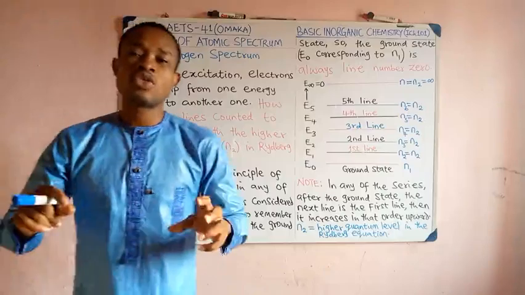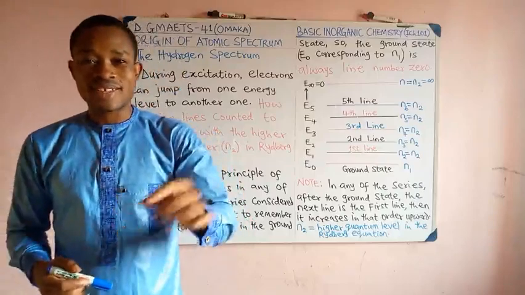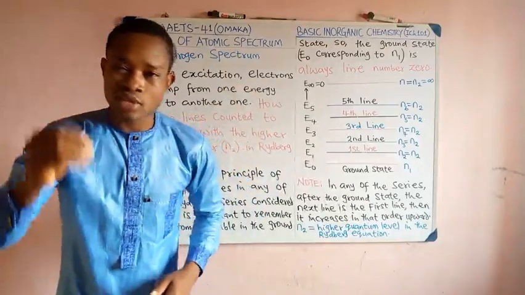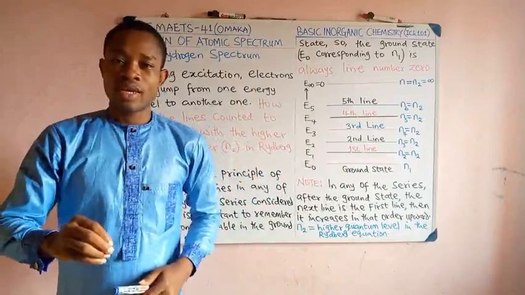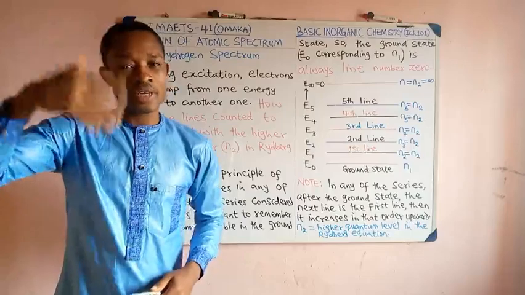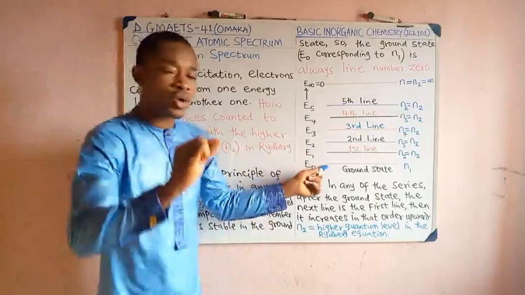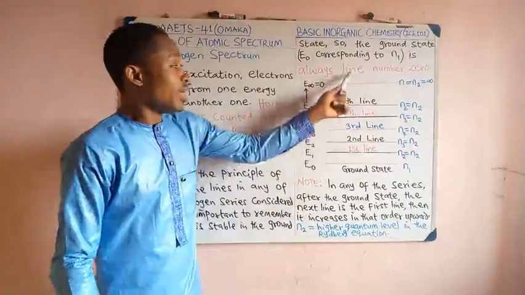Now, once the electrons are being emitted, what do we expect to see? Lines will start being produced. So if you come to a particular series, the line that is being produced in that series is counted as first, second, third line down to infinity, as the case might be. Now the ground state, because there is no emission at that point, I decided to call it line number 0.